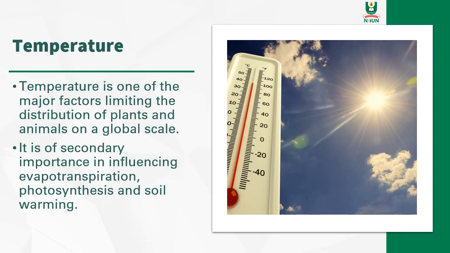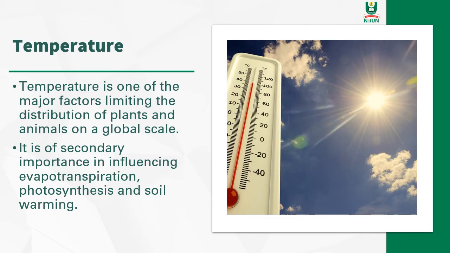Moving to the next climatic condition, that is temperature. When we are talking about temperature, we are talking about the degree of hotness or coldness of a particular place at a particular time, and this is important. It is one of the major factors limiting distribution of plants. Yes, some plants will do very well, excellently in the cold weather, cold season. Some will do poorly in the heat, and vice versa.